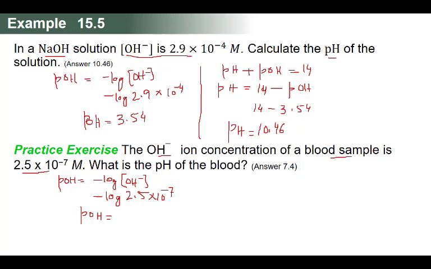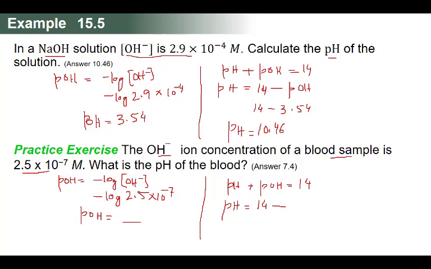Here again I don't have the answer written, but you calculate it and then use this formula, pH plus pOH is equal to 14. The question is the pH, so pH will be equal to 14 minus this answer.